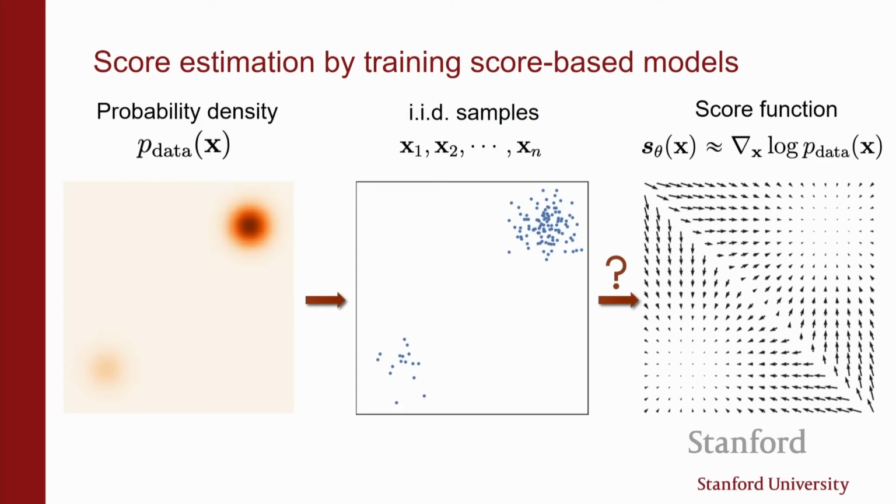We're going to try to choose parameters theta, or some vector field of gradients, that is hopefully as close as possible to the vector field of gradients of the original data density. That's going to be the learning objective. We're going to try to choose parameters theta such that the corresponding vector valued function matches the true vector field of gradients of the data density.